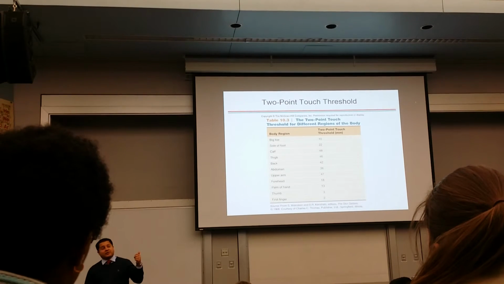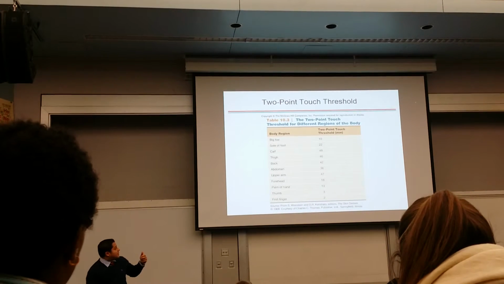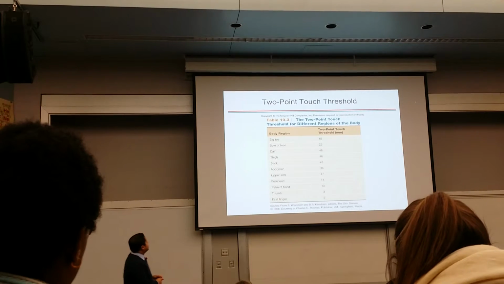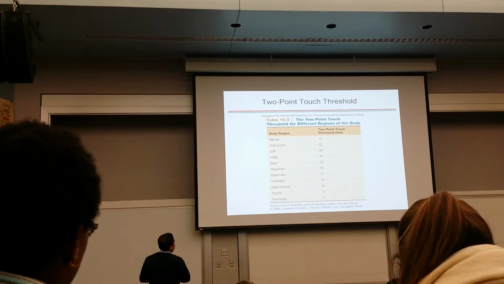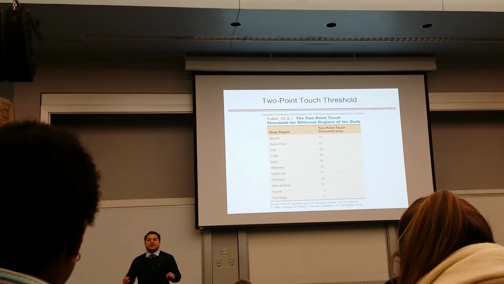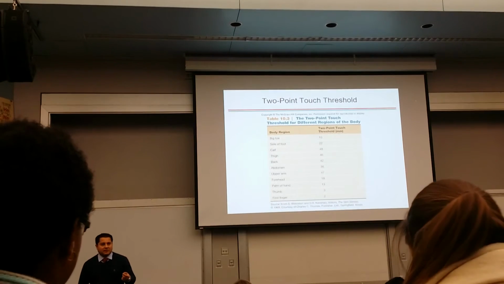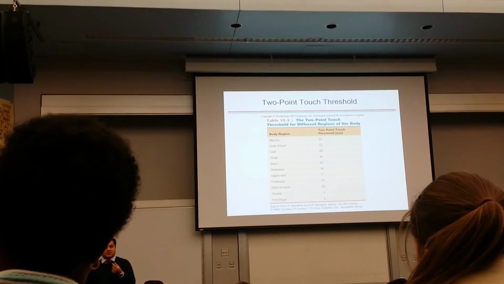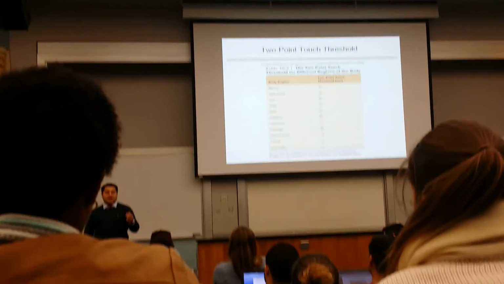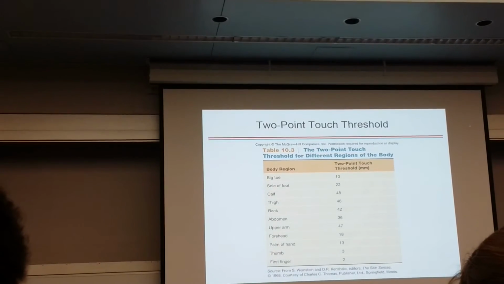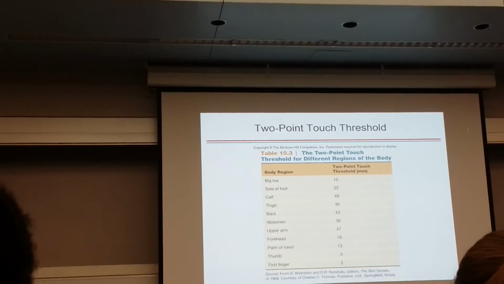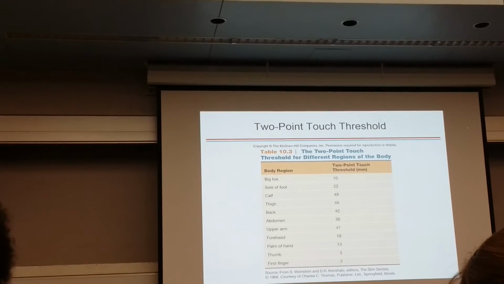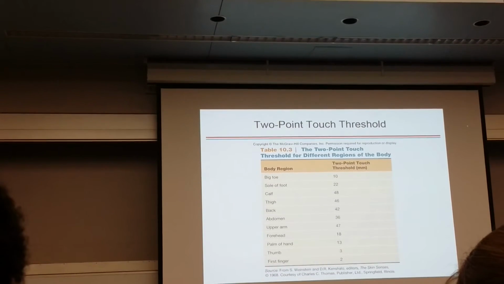If you look at this table, for example, the lips. There are so many receptors in that area, and if I'm not wrong, if you stimulate your lips with 2 points at the same time, at a 1 millimeter distance, you should be able to feel 2 points, right?